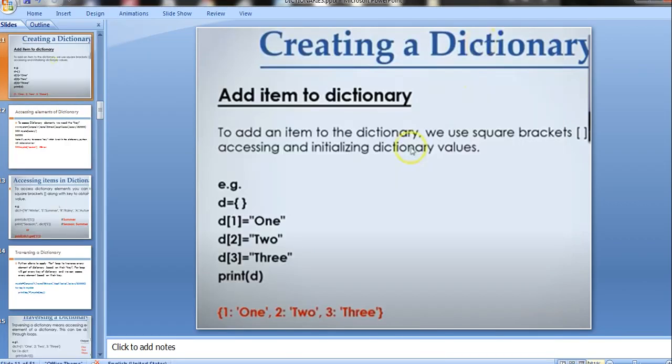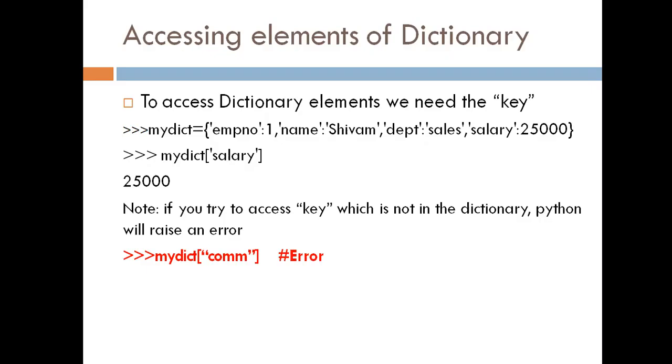Now let me move further. How to access the elements of a dictionary? To access the dictionary elements, we need the key. For example, employee number, name, department, salary. If you want, you can print only salary, or only name.